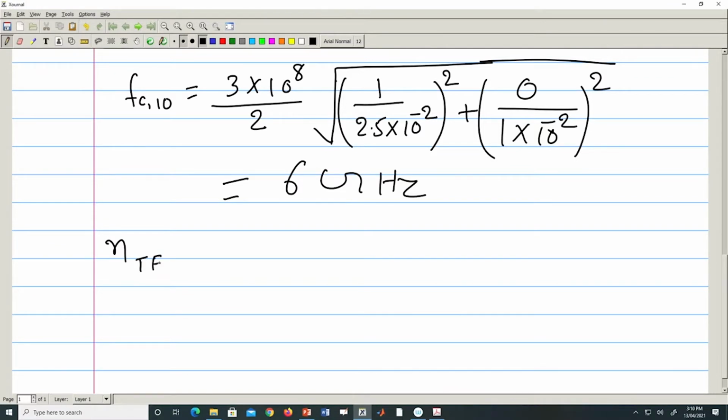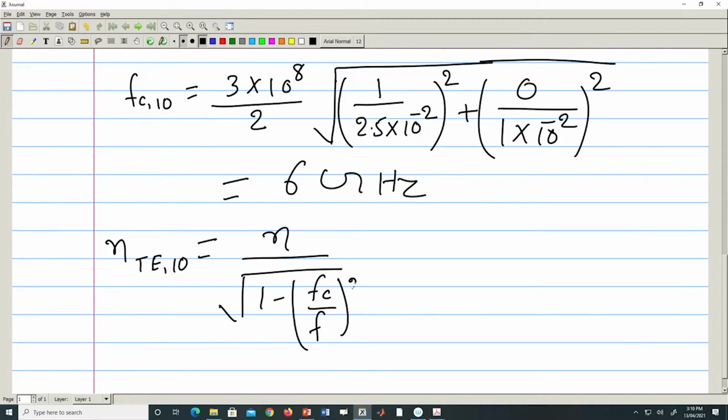So, eta will be 377, because this is eta naught for air-filled, divided by the square root of 1 minus fc, which is 6, over f, the operating frequency. The operating frequency given is 18 gigahertz.